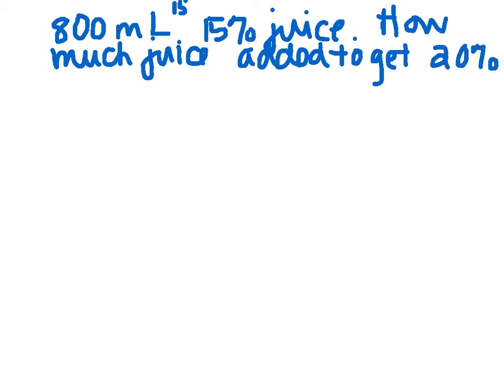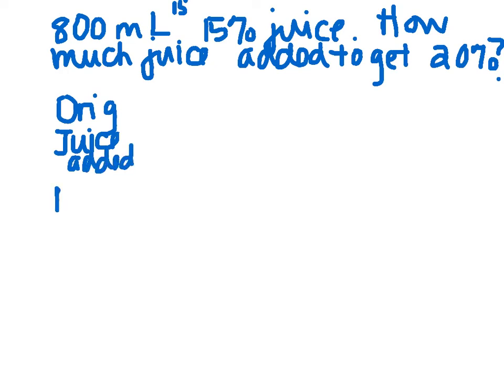Okay, I know that's cryptic, and it's short. The problem is written out in your thing. But we've got the original, we've got the juice added, and we've got the new.